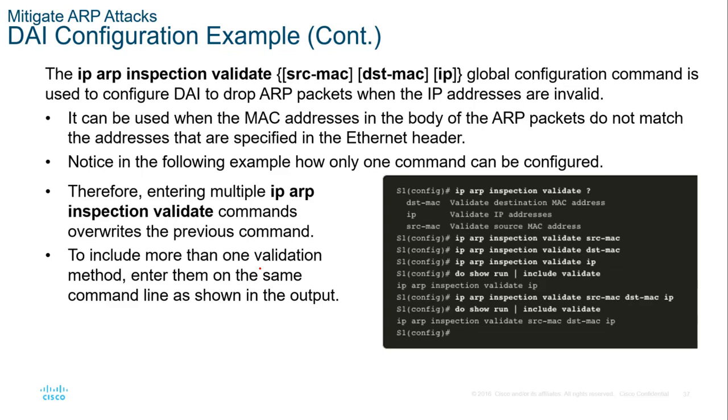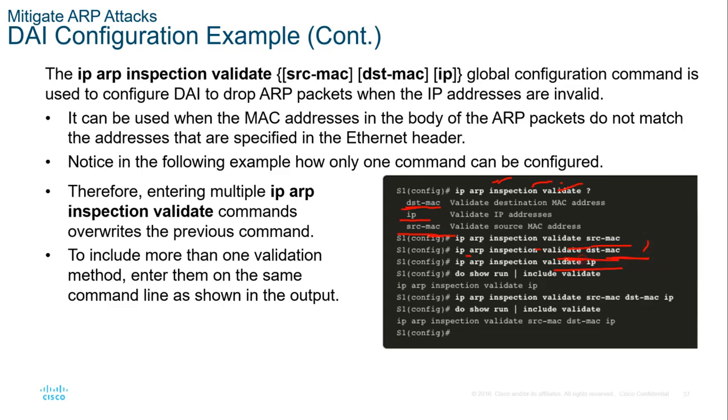If you want to enable it, you use ip arp inspection validate. Now what are you going to validate? You can validate the destination MAC address, the IP address, or the source MAC address. So we have the sample: ip arp inspection validate source MAC, destination MAC, and IP address.